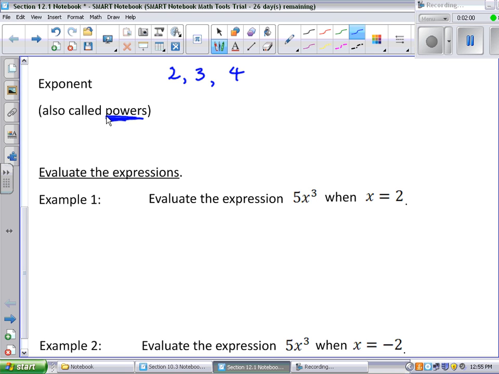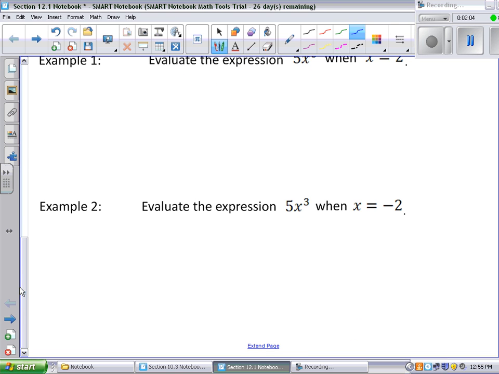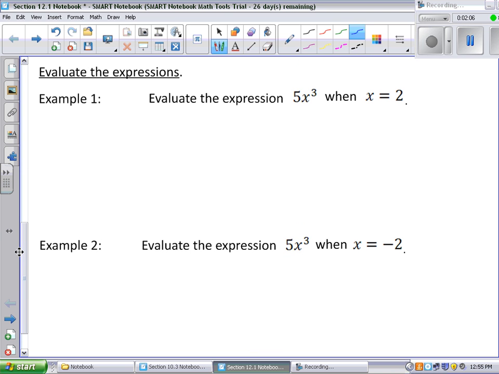Evaluate the following expressions. Example 1. We would like to evaluate the expression 5x cubed when x is equal to 2. That means that we're going to plug in 2 where the x is, so that we will have 5 times 2 cubed.